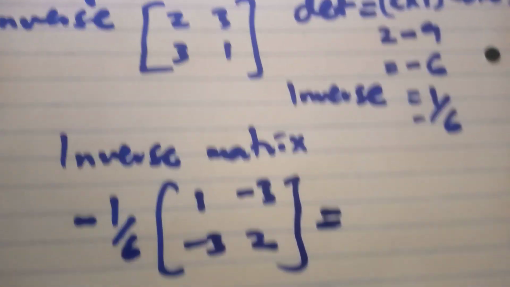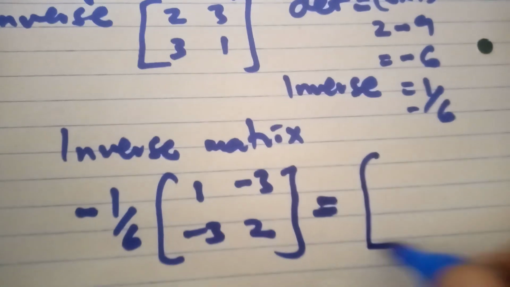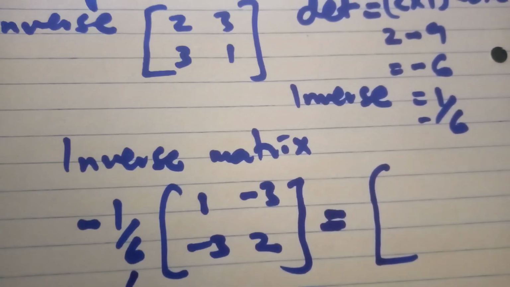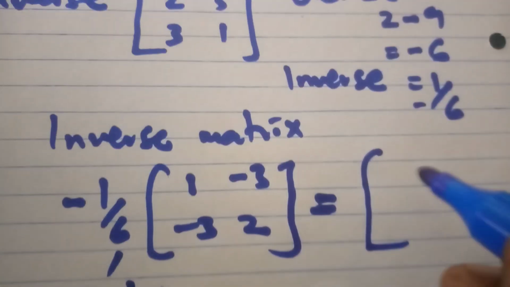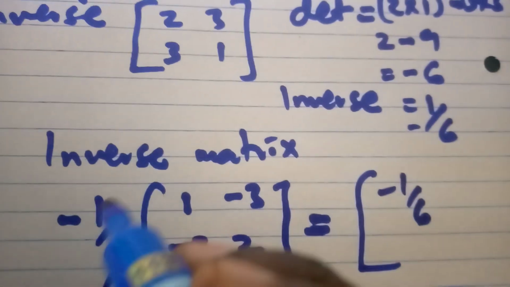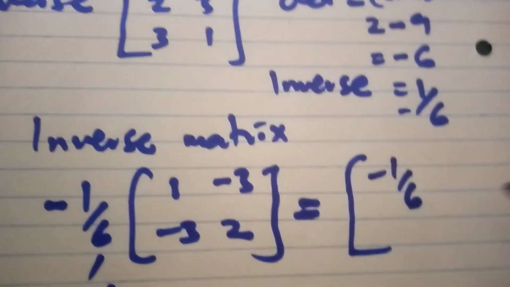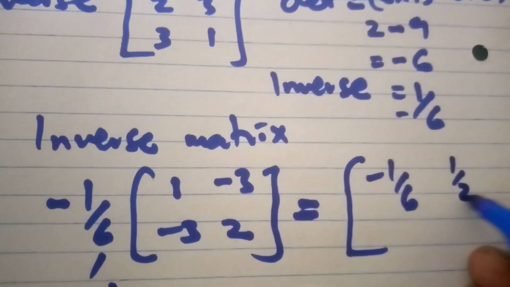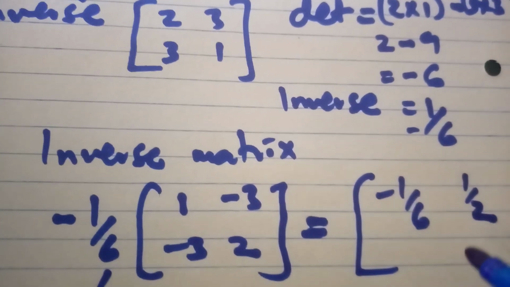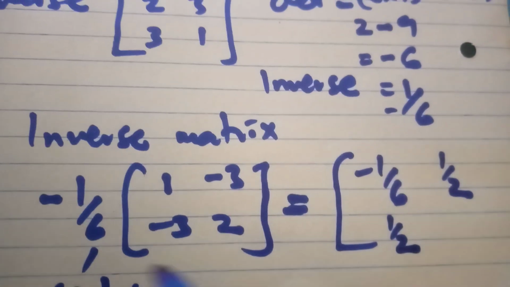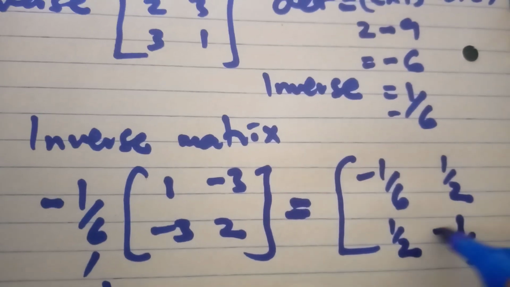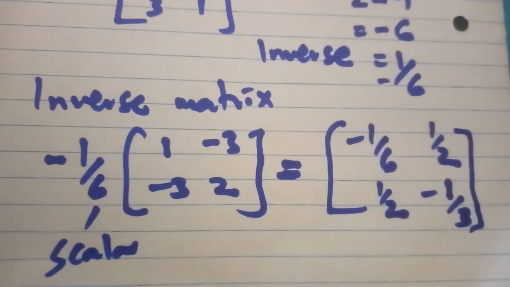Now opening the whole matrix using the constant, -1/6 times 1 is -1/6. -1/6 times -3, I'm going to have +1/2. -1/6 times 2, I'm going to have -1/3. Like that, I have my matrix.